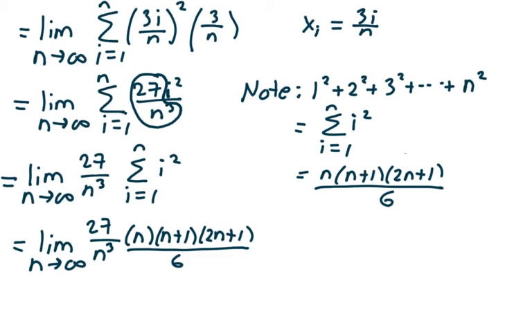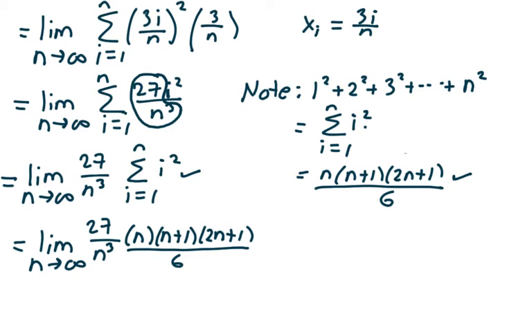And so this is the limit as n goes to infinity of 27 over n cubed times the summation from i equals 1 to n of i squared. But as I mentioned off to the side, the summation from i equals 1 to n of i squared is n times (n plus 1) times (2n plus 1) over 6. And your instructor will probably want you to know that.